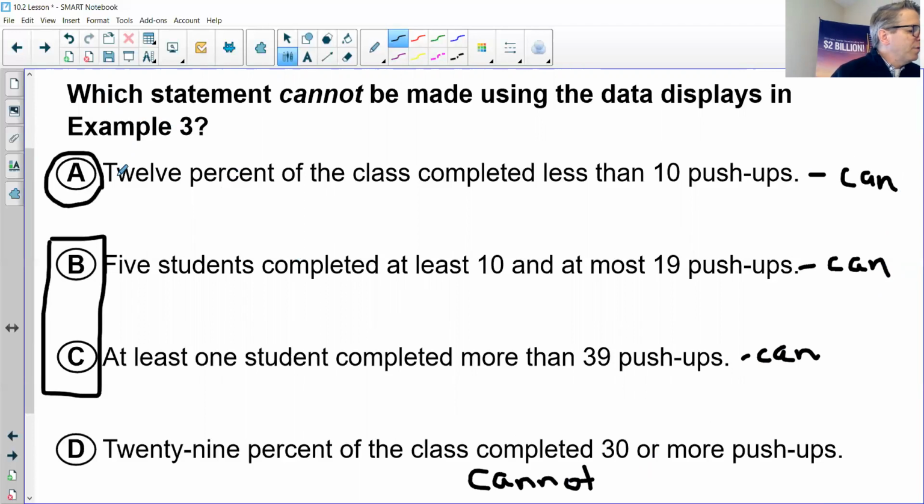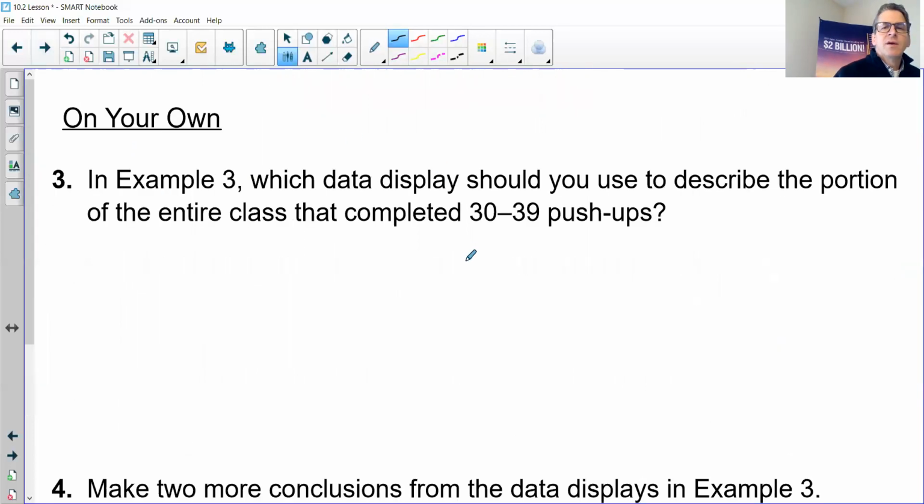On your own, number 3. In example 3, which data display should you use to describe the portion of the entire class that completed 30 to 39 push-ups? Which data display would you use?